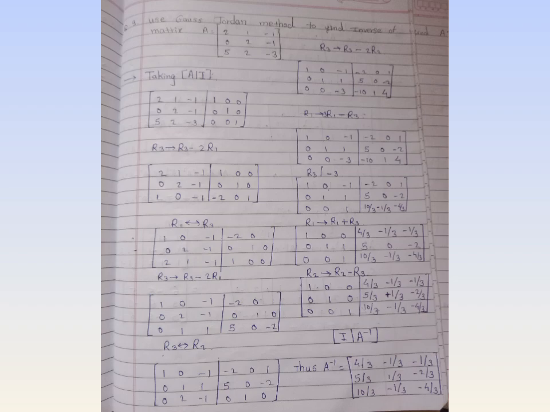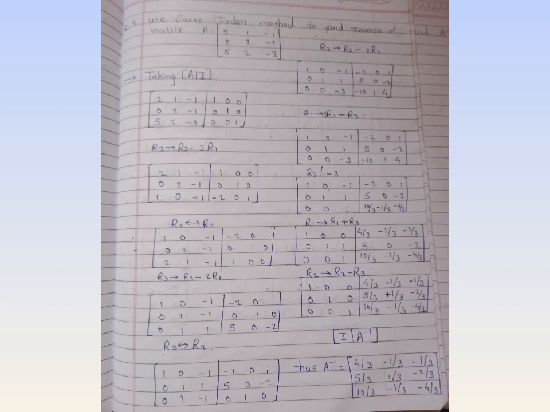Then we get I A inverse form, that is we get inverse of given matrix. And inverse of given matrix is 4 by 3, minus 1 by 3, minus 1 by 3, 5 by 3, 1 by 3, minus 2 by 3, 10 by 3, minus 1 by 3, minus 4 by 3. And this is the Gauss-Jordan method to find inverse of given matrix.